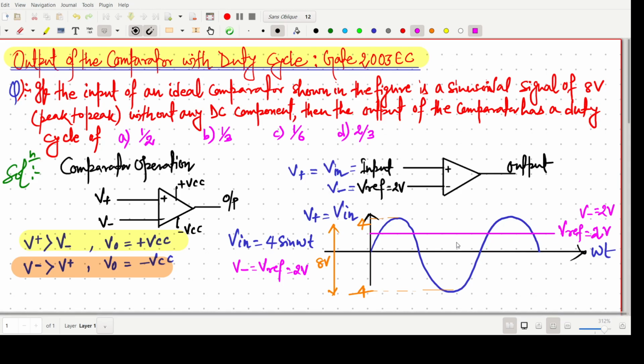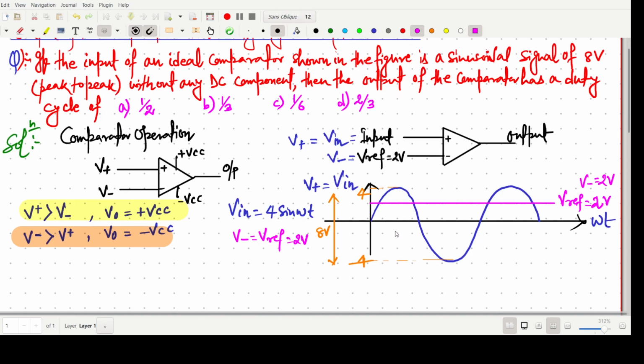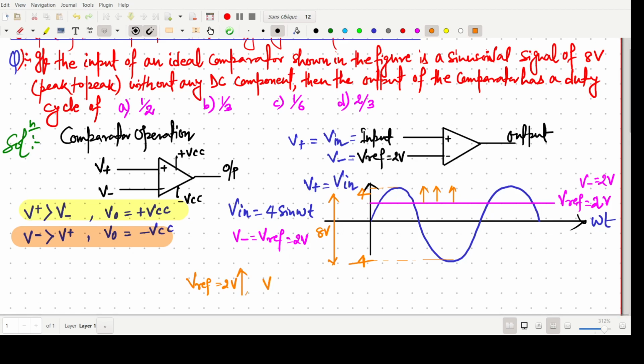Now we have to do the comparator operation. As we see from the graph, above this 2 volt line, V ref equals 2 volt, above this line the V plus will be positive. So the V input is greater than the V ref.